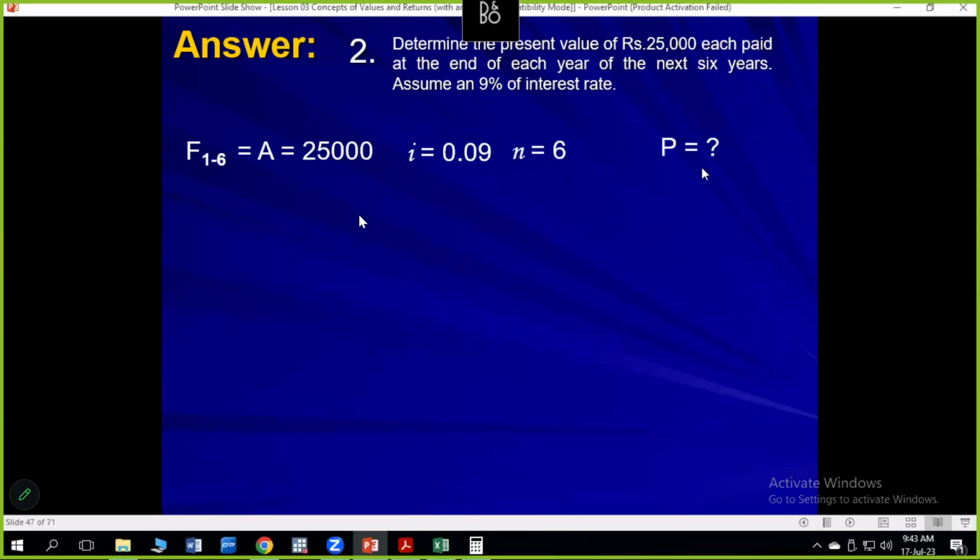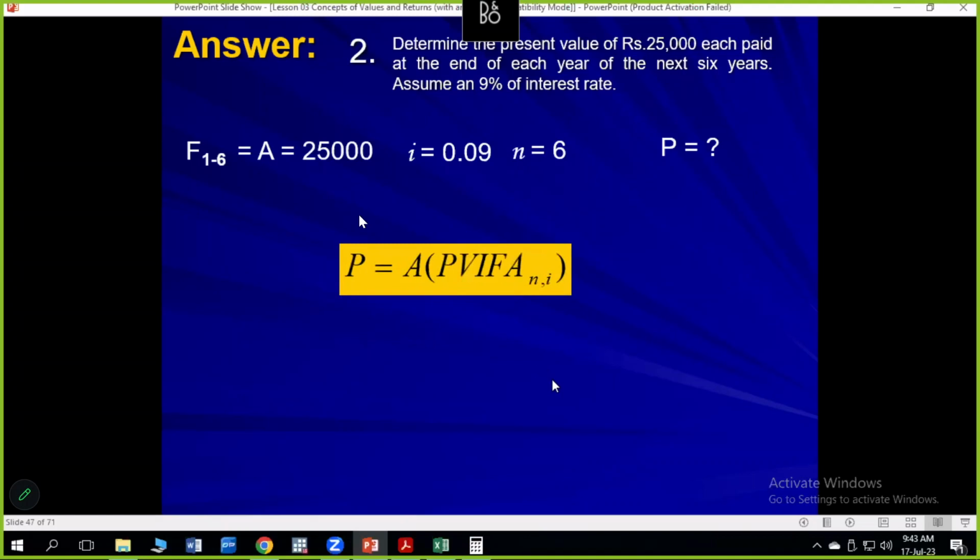You want to find the present value of the annuity. You can recall the formula you would have written down in your exercise book. Rewrite the formula like this. Always use this kind of formula, the second version: the annuity is equal to the present value interest factor of annuity (n, i).